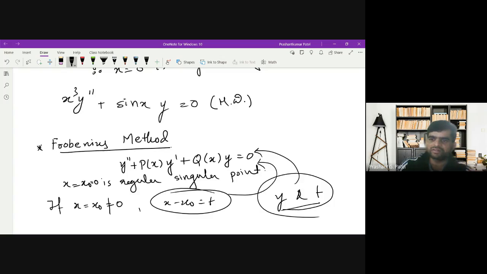And the method says that if x equal to 0 is the regular singular point, then there is a quasi power series solution, which is also known as the Frobenius series. So what is that Frobenius series that I am writing here?